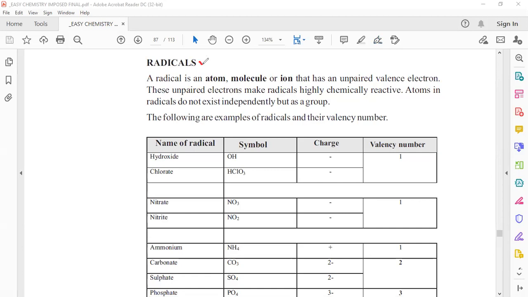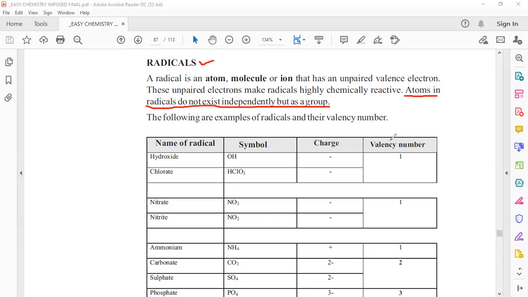Radicals are just atoms that do not exist independently, but exist as a group. And down below, we are looking at the names of radicals, the symbols, the charge, and the valency number.